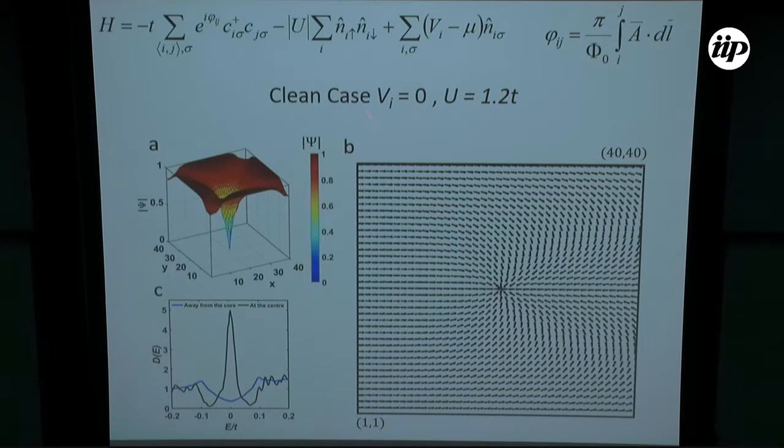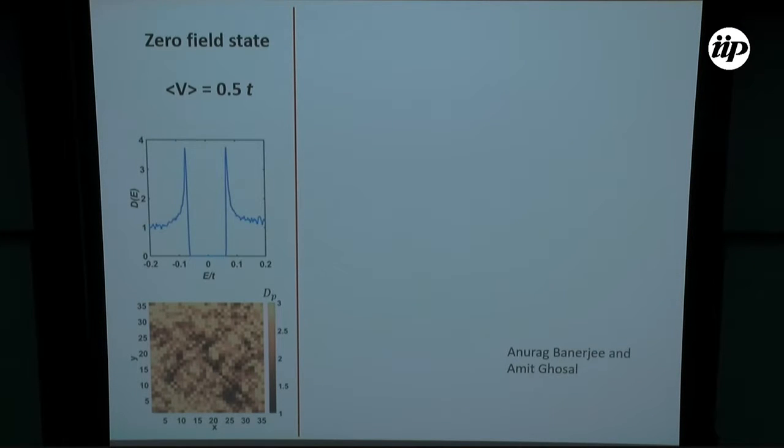First, for the clean case, if you do this simulation, just to show that we get what is usual, you put one vortex here, and you observe that at the center of the vortex, you have this bound state. Away from the vortex core, you have this kind of a gap. Now, let's see what you get when you put in disorder.